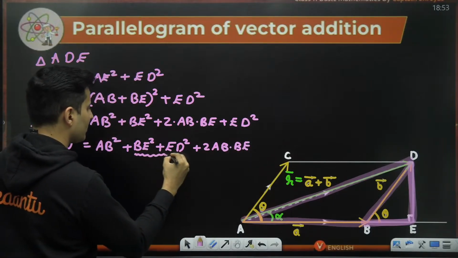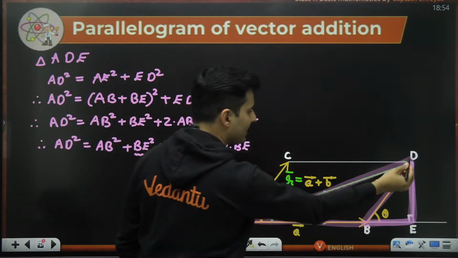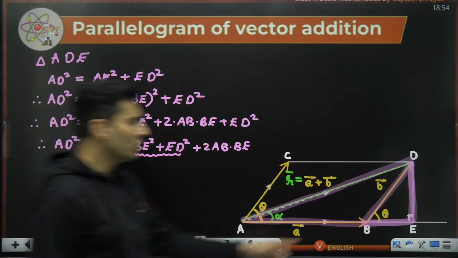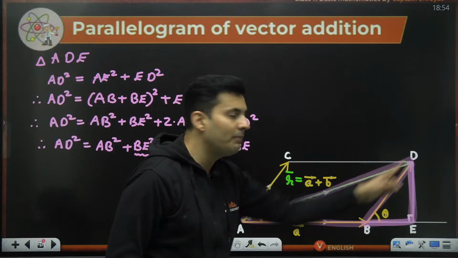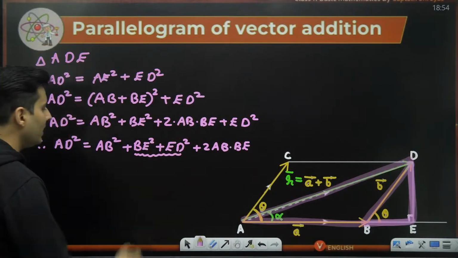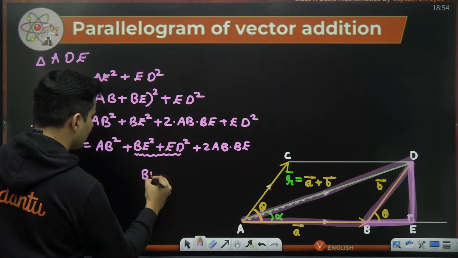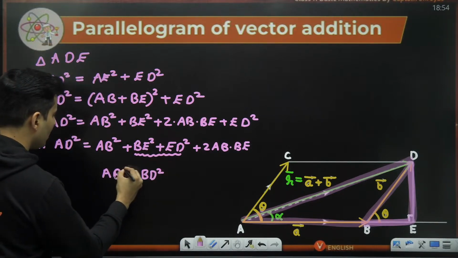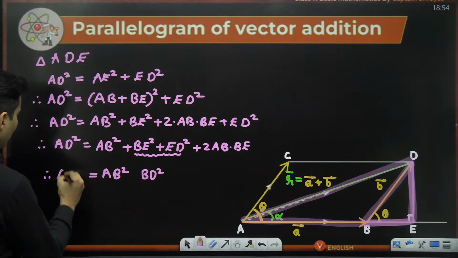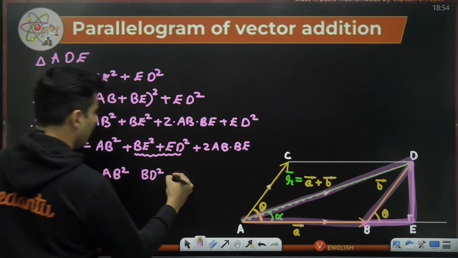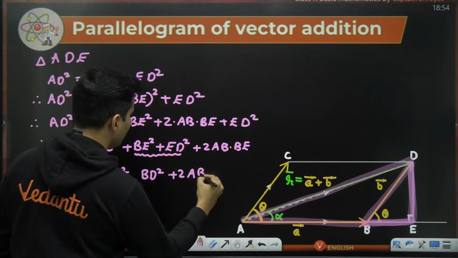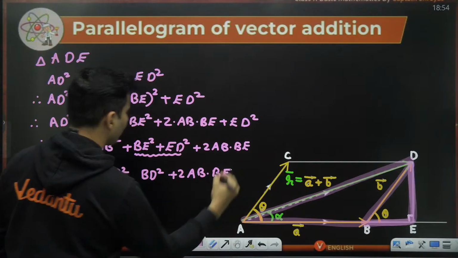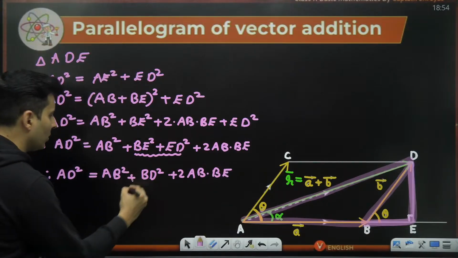Notice these two things, BE square plus ED square. What is it? Using Pythagoras theorem again, this will be nothing but simply BD square. So AB square is as it is, BD square is as it is, and lastly we have 2 times AB times BE.